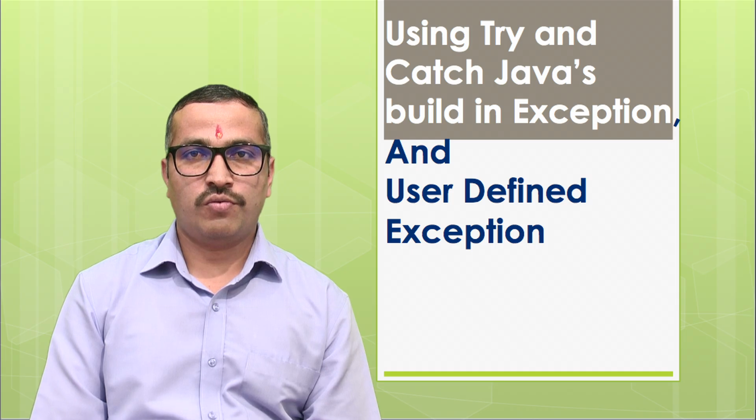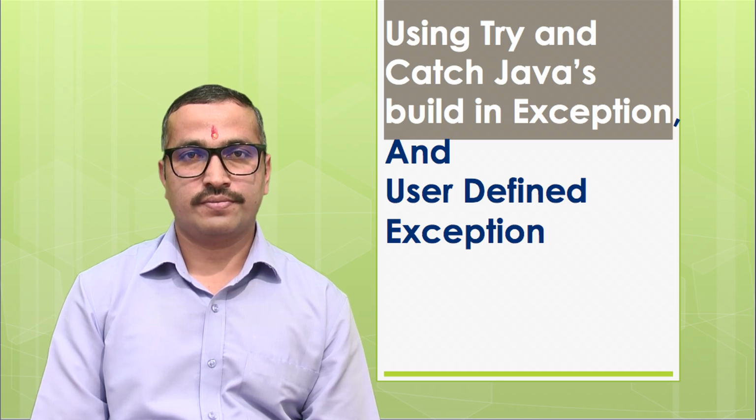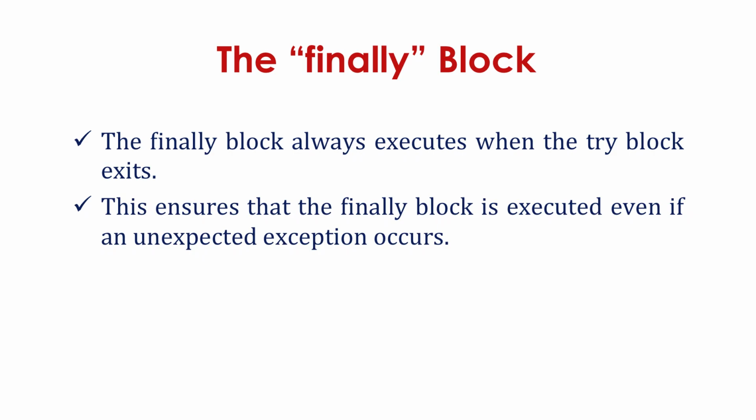The role of finally block is very important. The finally block always executes when the try block exits. It means whenever you use try block or catch block, that is the possibility.